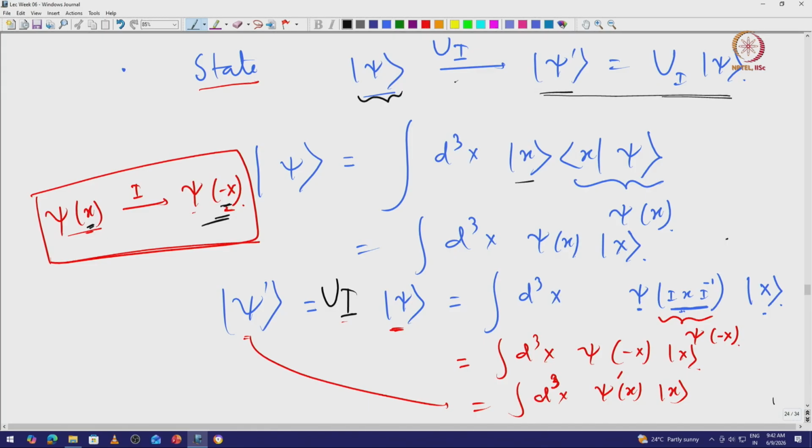So in this derivation we said that you can put the inversion either in the variable in the wave function or in the state. So let me go back and show how this is done. Let me rederive it.